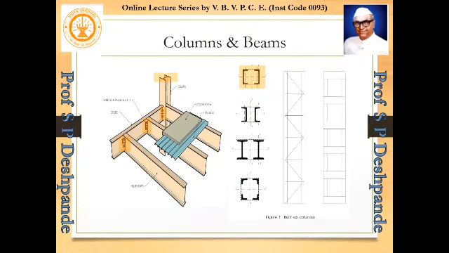This is called face to face. You can also have channels connected back to back. You can have double I sections, two I sections, or you can have four angles. Okay, so these are various shapes.